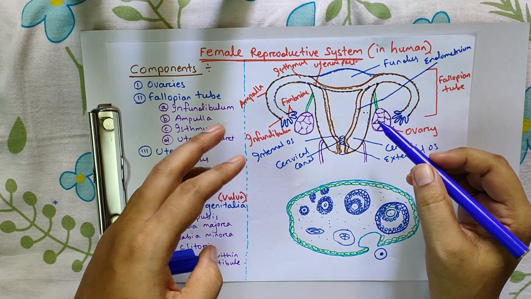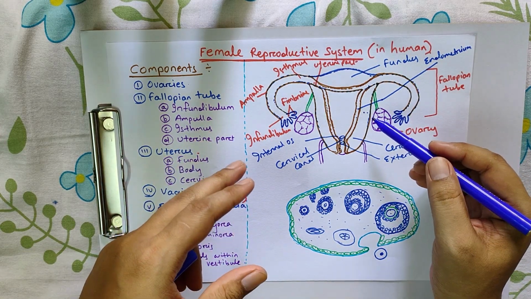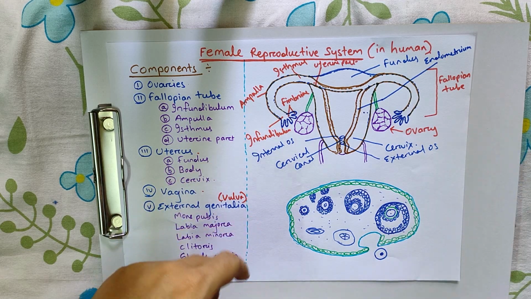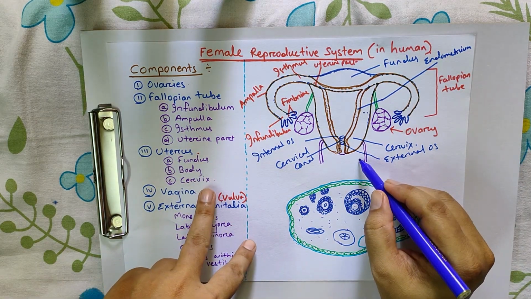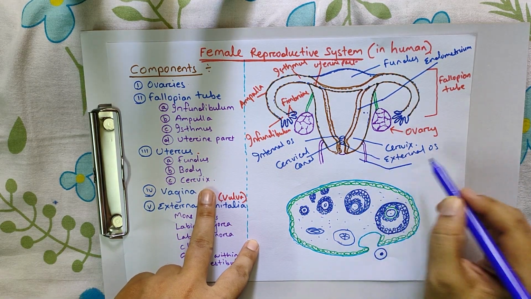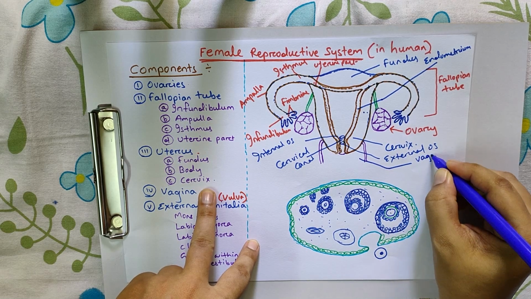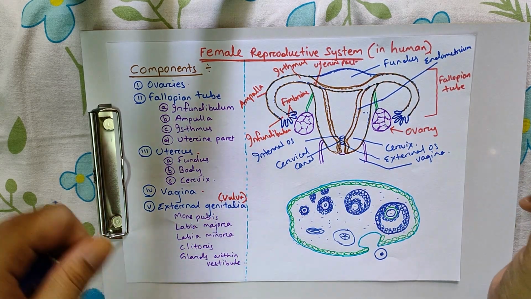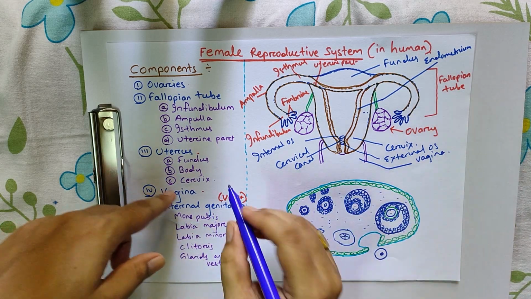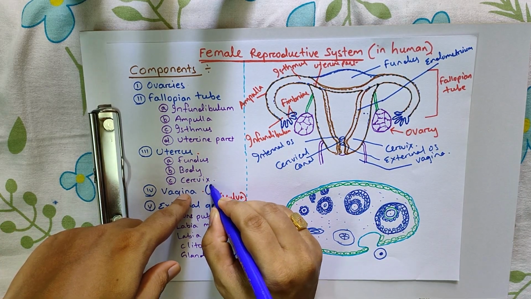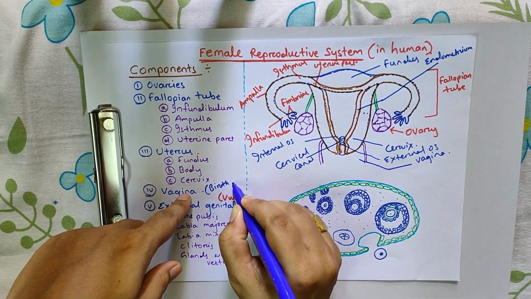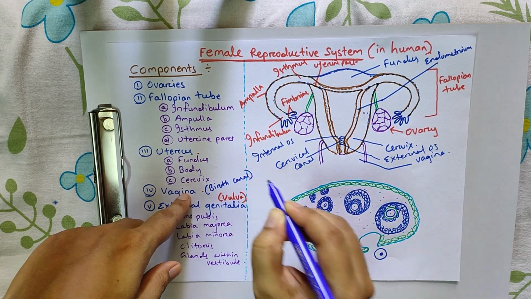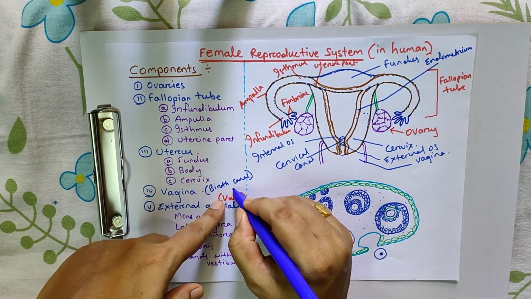Each month the endometrium breaks down and is newly synthesized. This part is the vagina, also called the birth canal. The medium of the vagina is acidic.